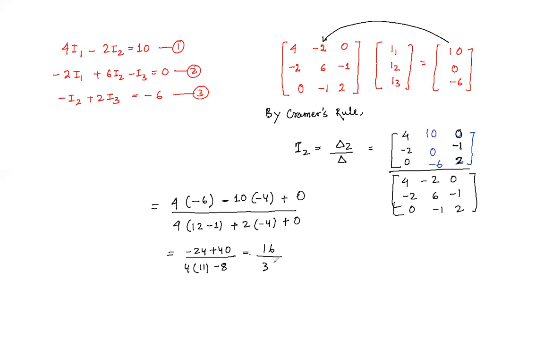So 16 by 36 ampere is coming as 0.044 ampere. See what a big circuit is going to be solved in two lines, right? So the answer to our question is 0.044 ampere.